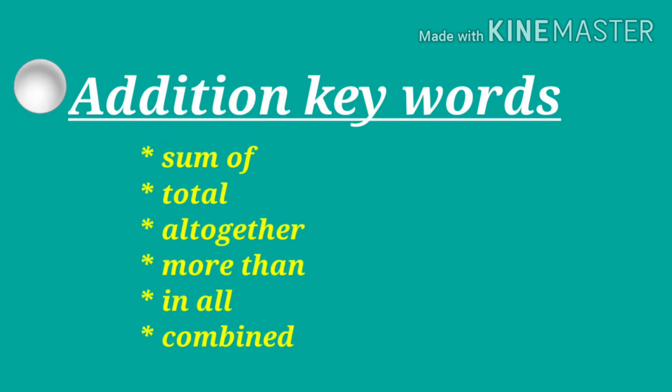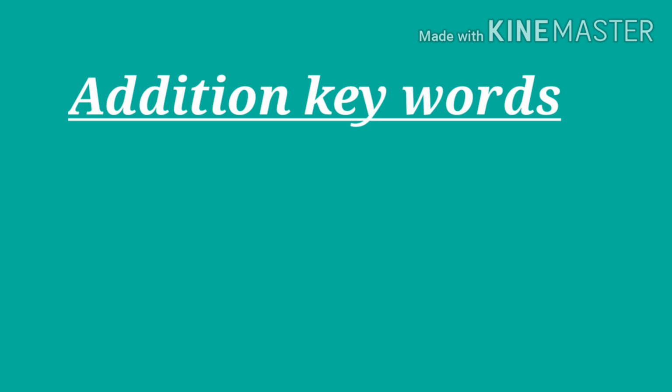If we see the words sum of, total, altogether, more than, in all, combined, etc., these words all mean the same as addition. If these words are seen in a problem, it tells us we have to perform the operation addition.